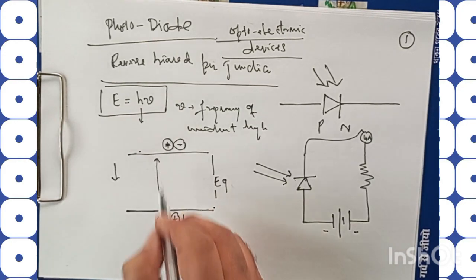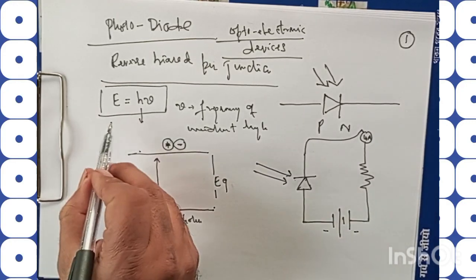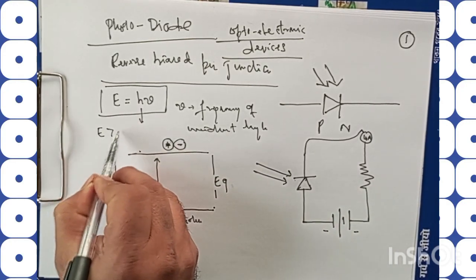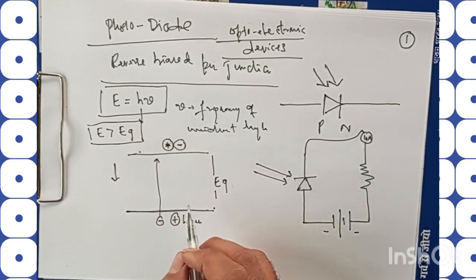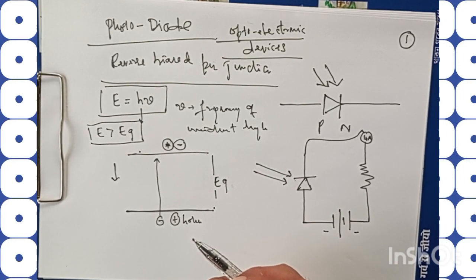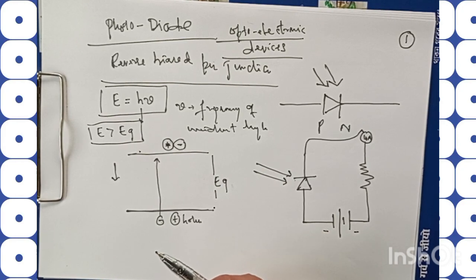So we have the formation of electron hole pairs here. But what's the condition? E should be greater than EG. So certainly the PN junction has to be designed in such a way that it can be induced by virtue of suitable energy that's available for the formation of electron hole pairs.